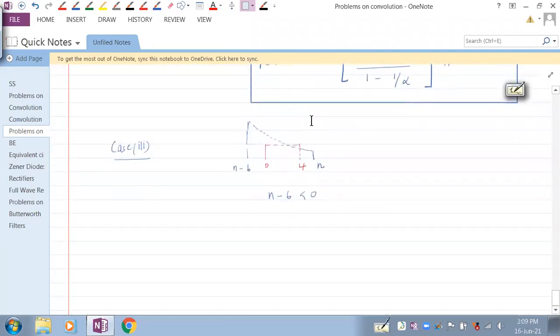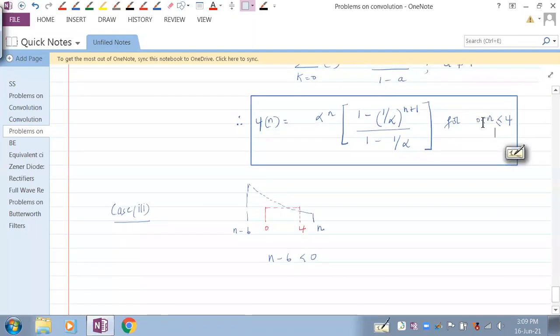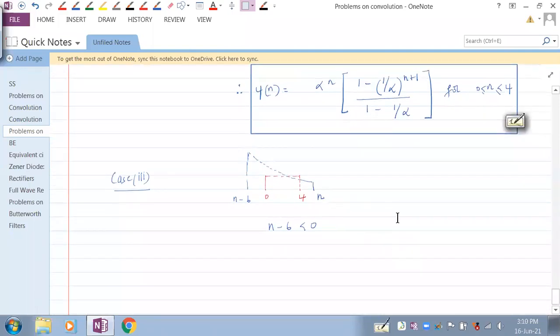So now if we take this as n ranging from 0 to 4, okay, here it should range from 5 onwards. So one thing we can say is n minus 6 is less than 0. Or another thing that we can see is n is greater than 4.